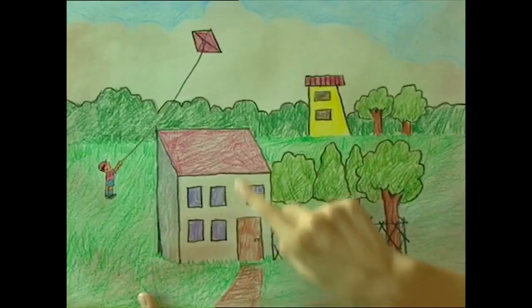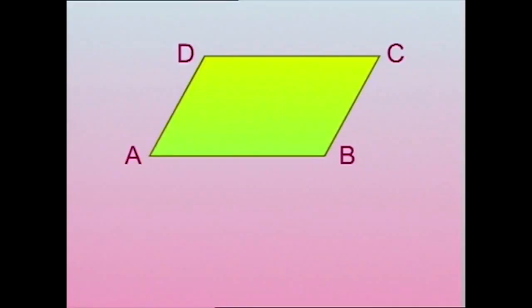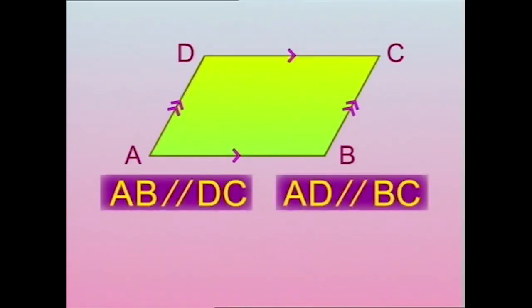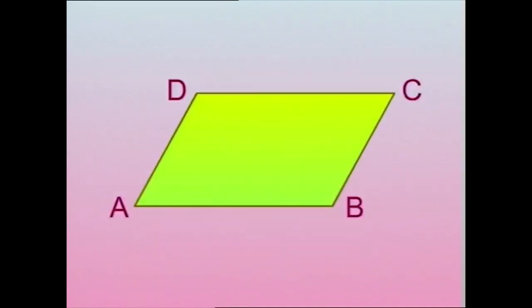Look at the drawing. The roof of the house is a parallelogram. Really? When two pairs of opposite sides of a quadrilateral are parallel, the quadrilateral is a parallelogram. That's right. And have you noticed that a parallelogram can be divided into two congruent triangles? You see?